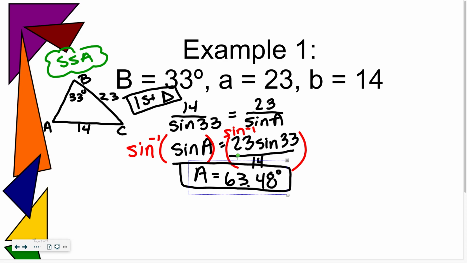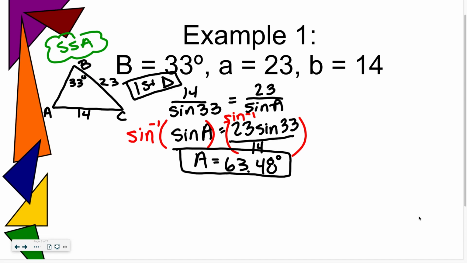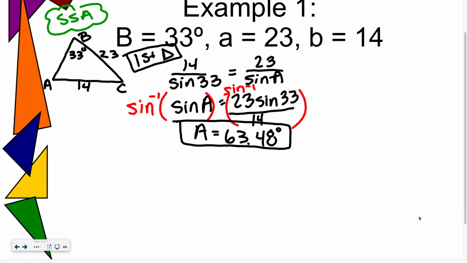what? Pretty nicely. The third angle, right? Now we know two angles, so let's find the third angle. So I'm going to solve for C. C equals 180 minus 33, the angle that I knew originally, minus 63.48, the angle that I found.